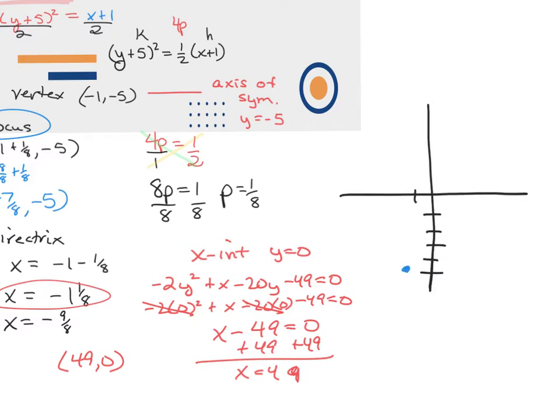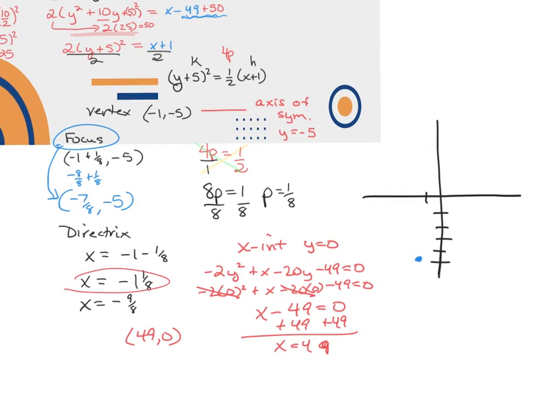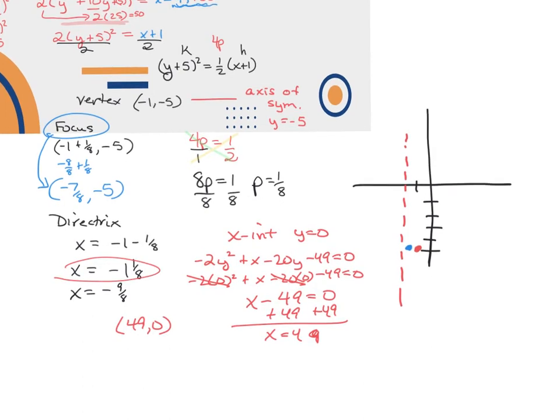My directrix is here at x equals -1 and 1/8. My focus point is at -7/8, -5. My axis of symmetry is this line right through the vertex.